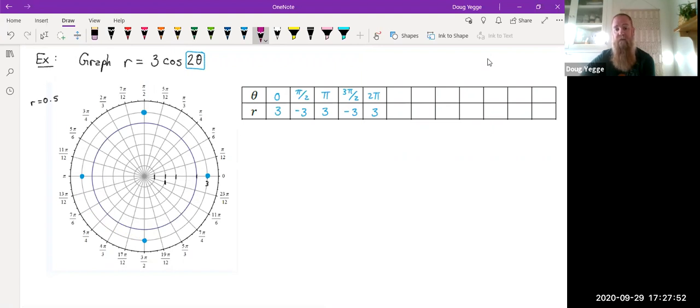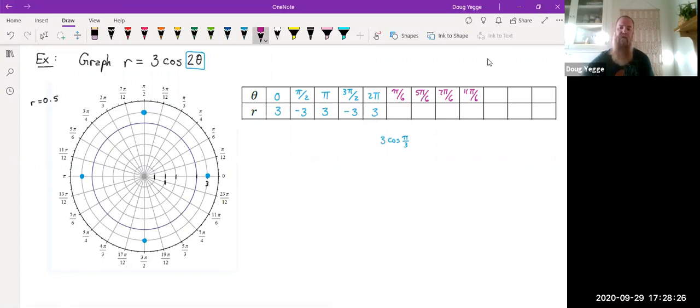So now maybe we choose to pick some values that are going to give me some simple answers. So maybe we pick some pi over 6s. So let's pick pi over 6, 5 pi over 6, 7 pi over 6, and 11 pi over 6. Now notice what these did. When I multiply pi over 6 times 2, that's going to give me pi over 3. So what I'm really doing is calculating cosine of pi over 3, then multiplying it by 3.